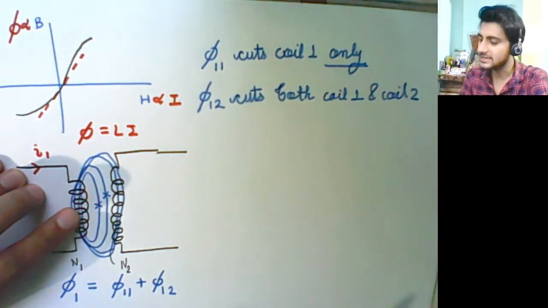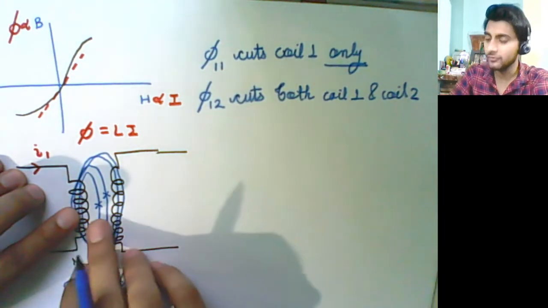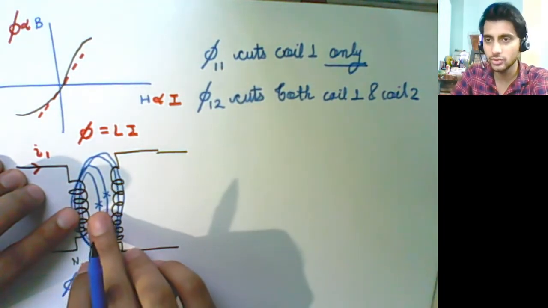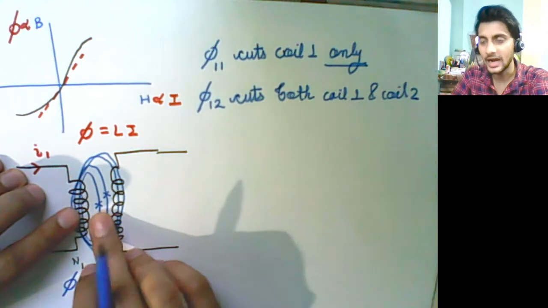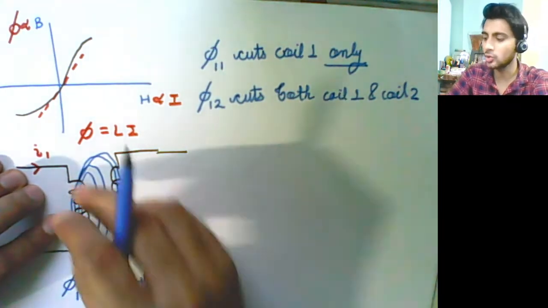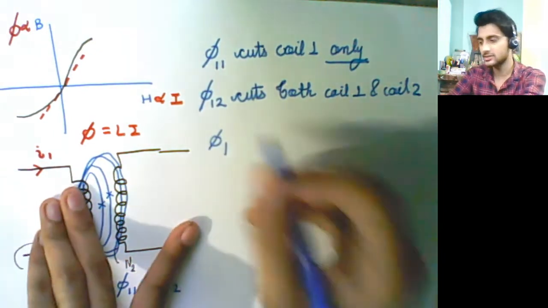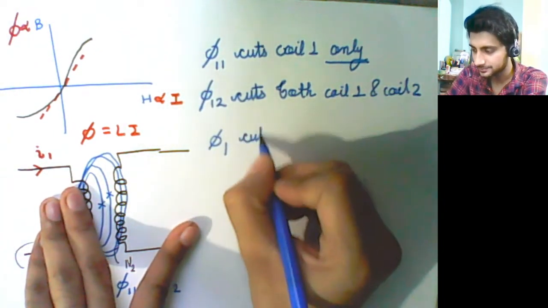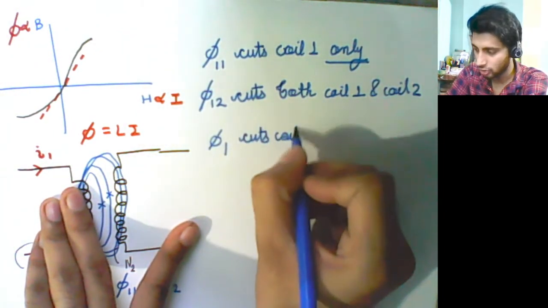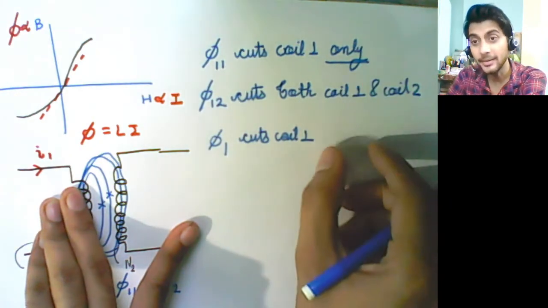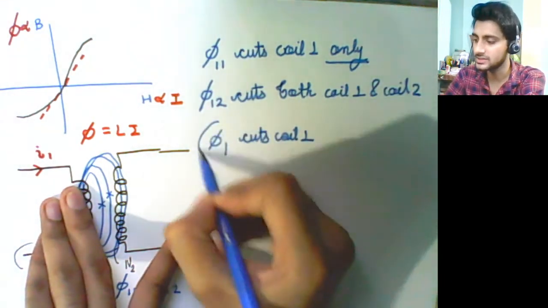Now we can write that the sum of those fluxes which pass through only coil 1 and through both coil 1 and coil 2 is the total flux across coil 1. So phi 1 then is the flux which cuts coil 1. Now see, here 'only' is not written, so that is the important thing.